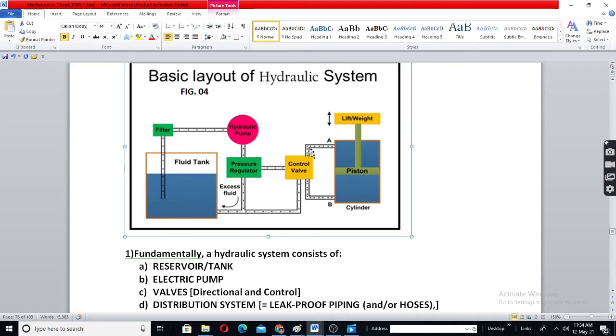How much fluid enters here, same quantity of fluid will come back here and it will return to the fluid tank.